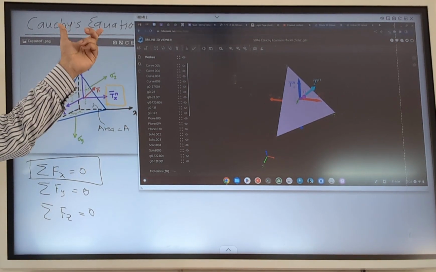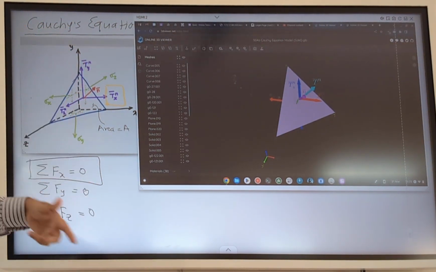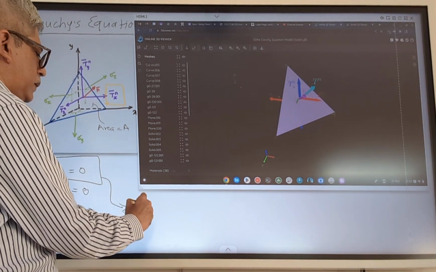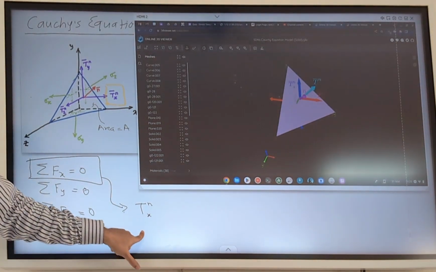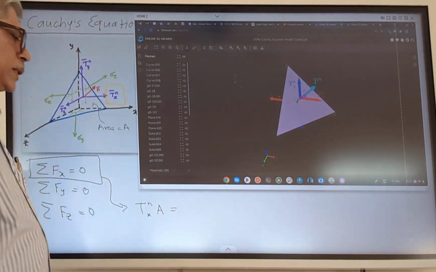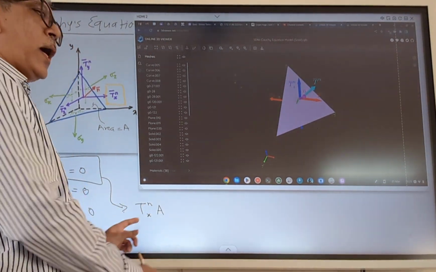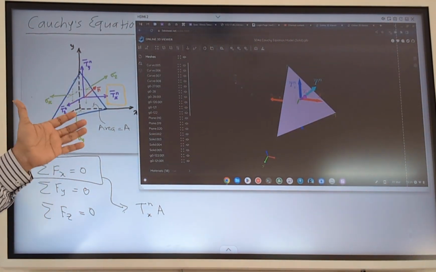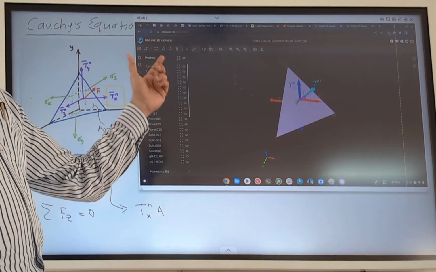So what will be the force in the x direction? The traction times the area on which it is acting. So Tnx is the component in the x direction multiplied by area. That is the force in the x direction. And you have to add up all forces on all the faces in the x direction and sum them up equal to 0. So let's now move to the x face.